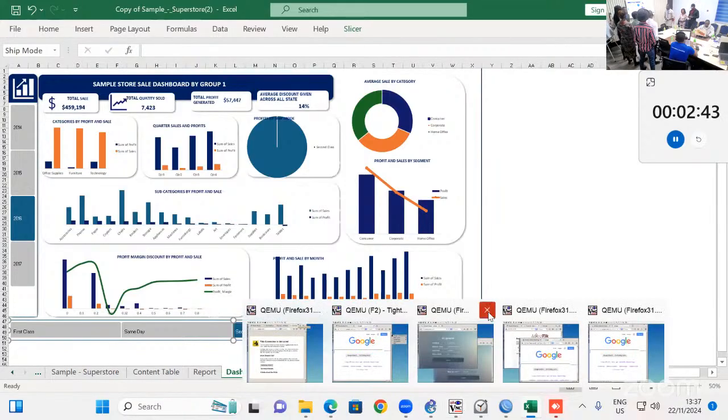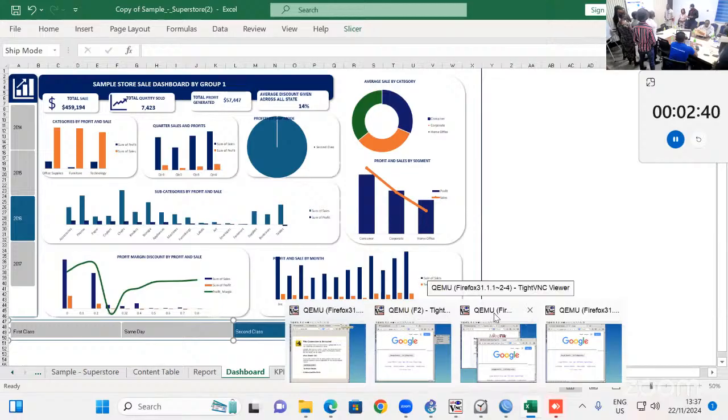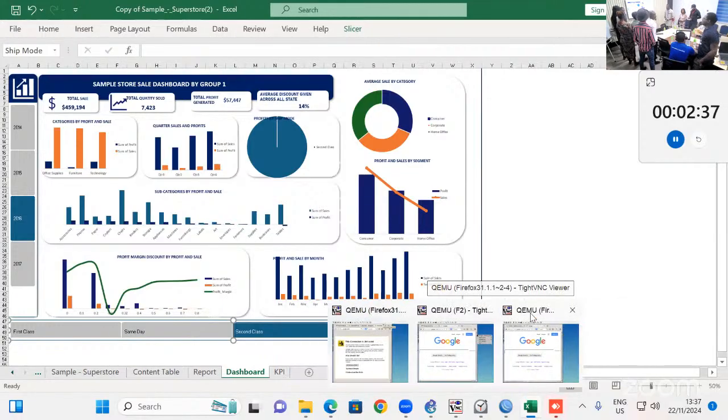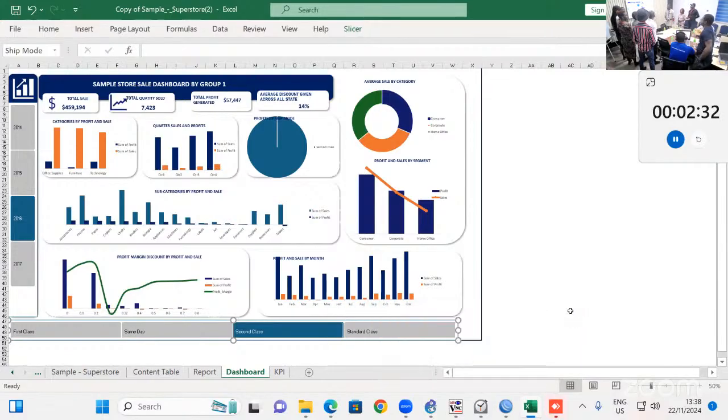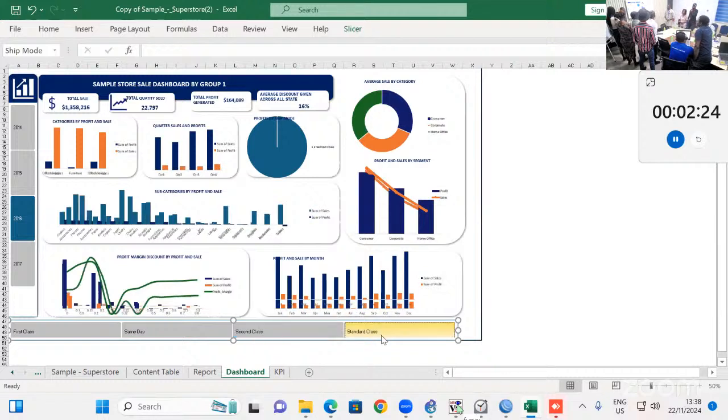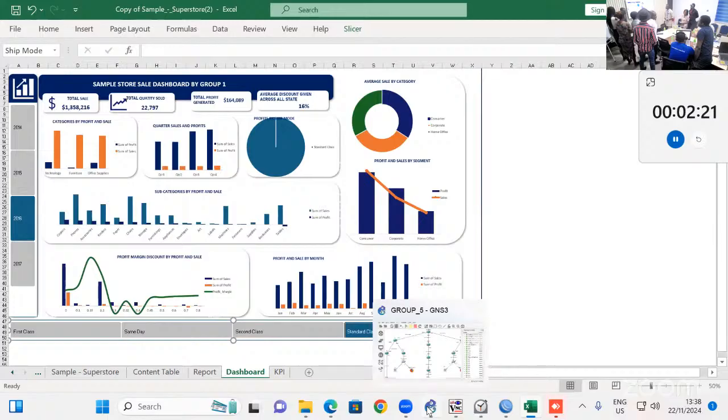So based on your chart, for the profit margin, discount by profit and sale, what do you have on the x-axis? Yes, the figures 0, 0.1.